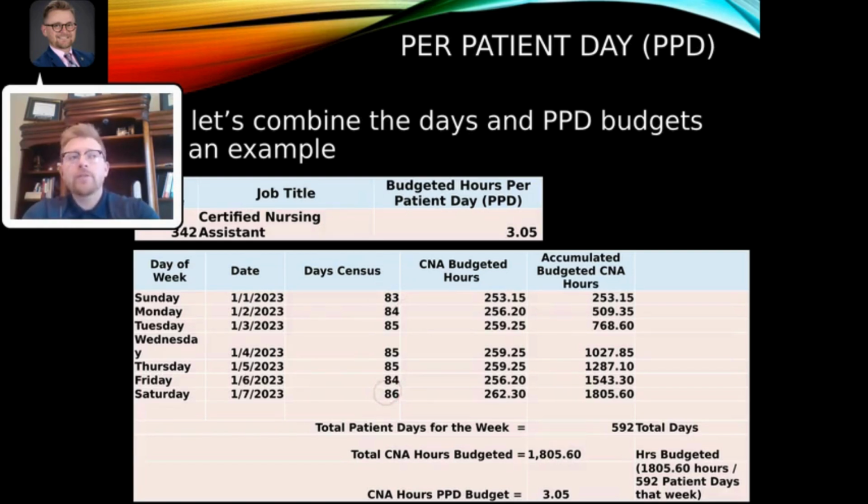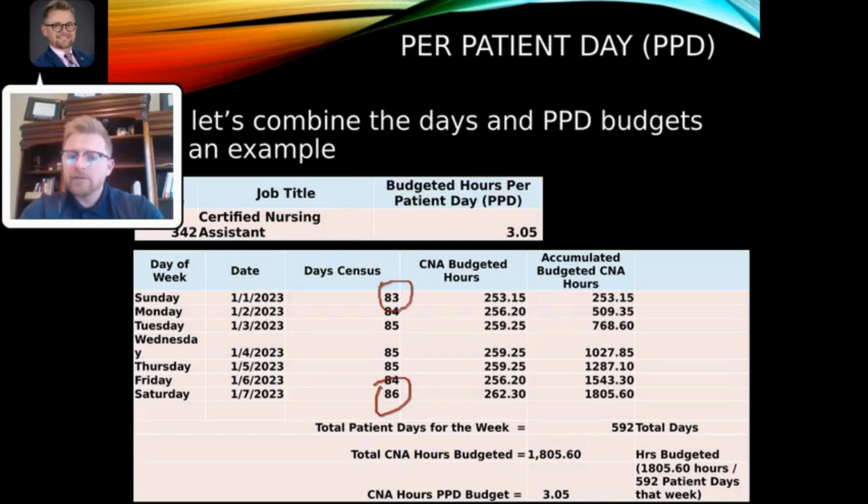Maybe you opened a geriatric psych unit, maybe a drug rehab unit. Maybe there was a national pandemic that went through your area, and suddenly the need for your provider went up tremendously. Maybe you started the quarter at 83 and you ended the quarter at 93, right?